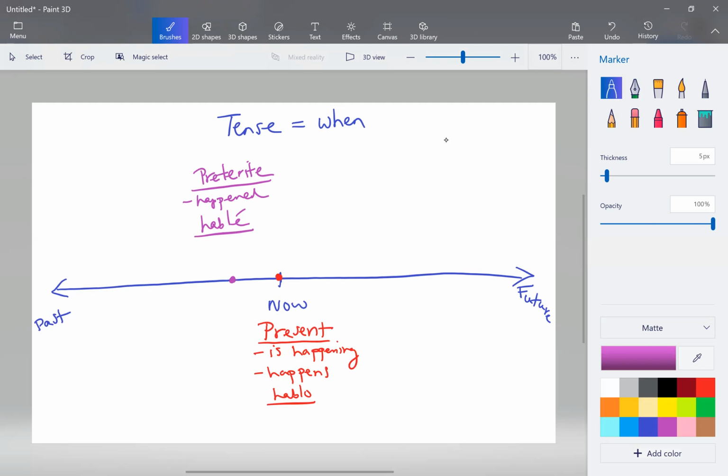What other tenses do we have? The pluperfect. So the pluperfect happened, had happened before something else. So we're gonna put it here.